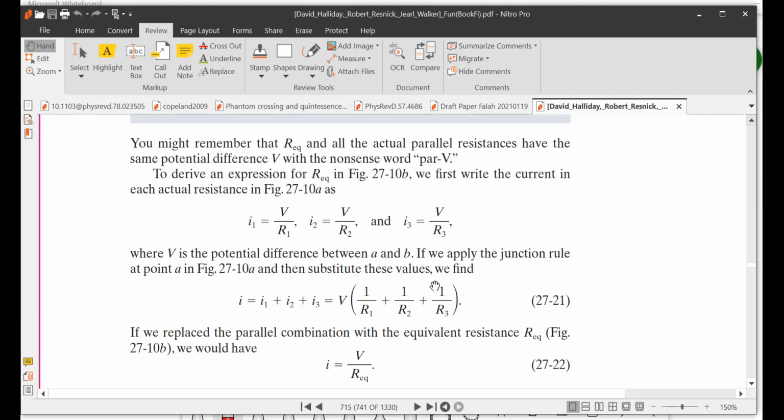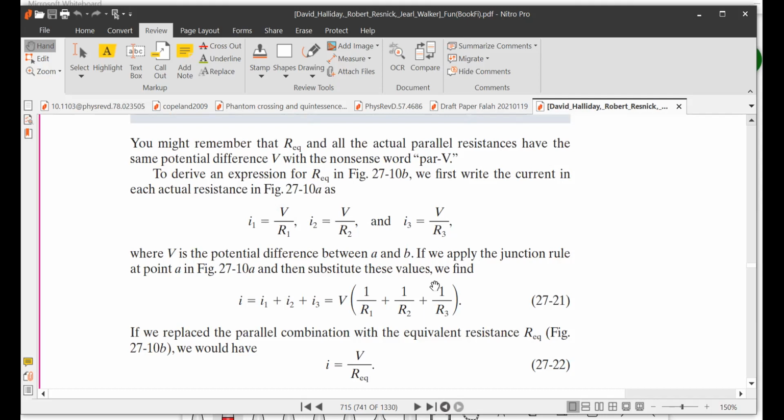The current passing through R1 is I1 equals V over R1, and likewise I2, etc. So the total current in the circuit is the summation of I1, I2, and I3.